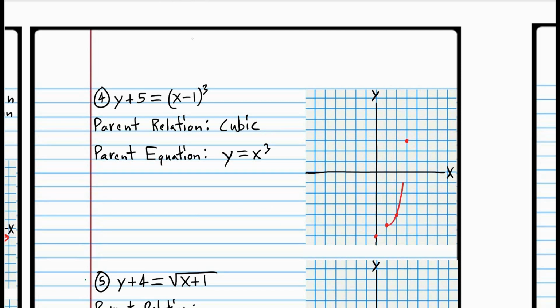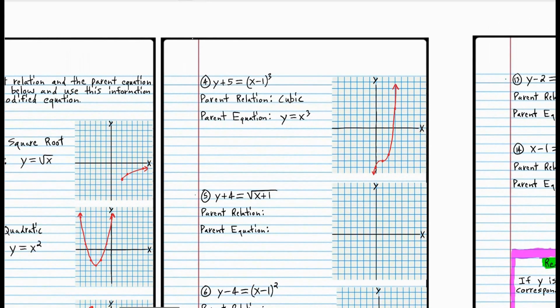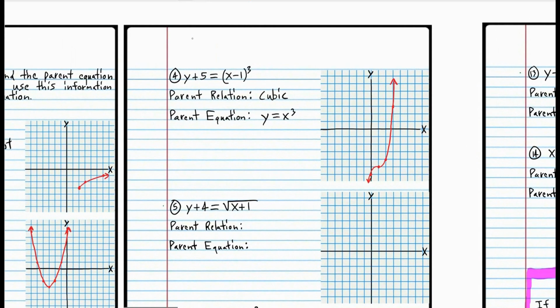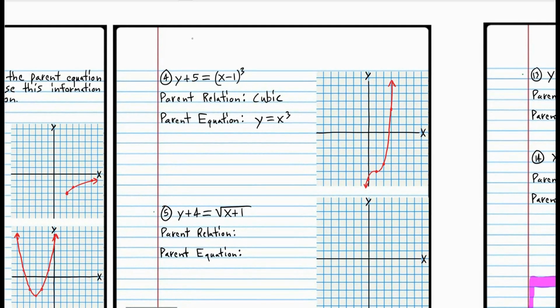So if you draw this graph, it looks something like that. And be aware that this is not an art class. Your graph doesn't have to be 100% perfect. You just have to have those reference points. And the cubic graph is a little more difficult to graph than the other ones.